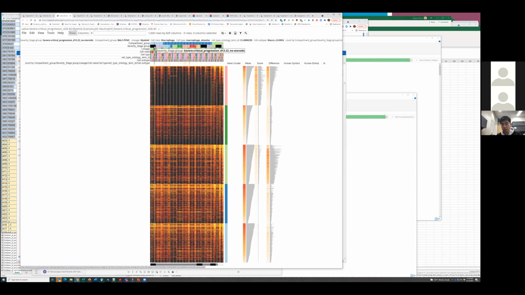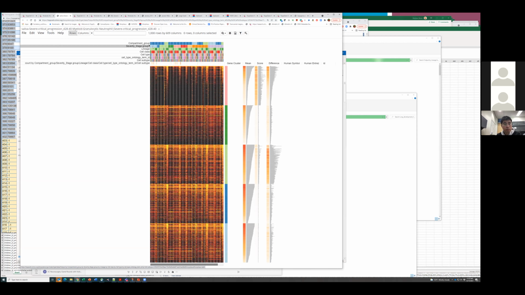These are severe patients in the 12 to 22 period that were not treated with steroids. And so let's actually sort by that. So here's this. Okay, there's a bunch of different treatment groups, and mild, moderate, different time intervals.